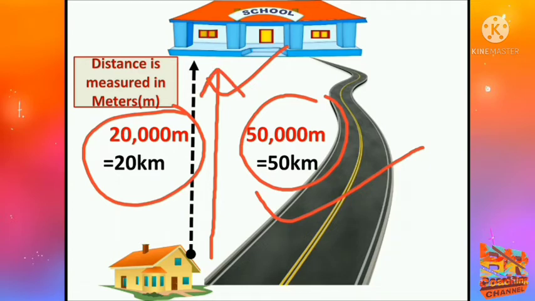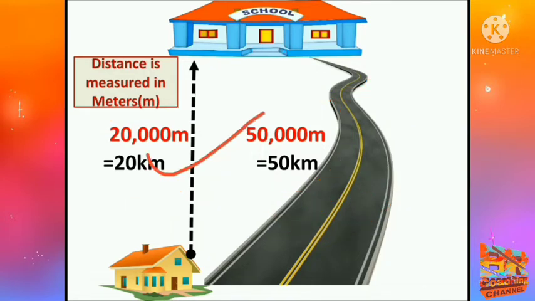And where is the school? In the north. So from your house the school is in the north direction, and the shortest distance from your house to the school is only 20 kilometers. That is what we say is displacement.